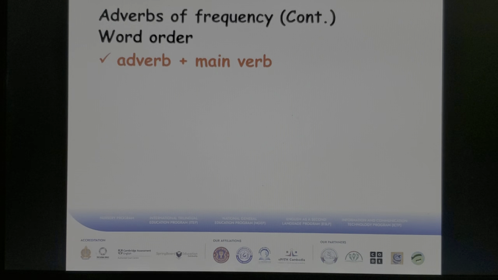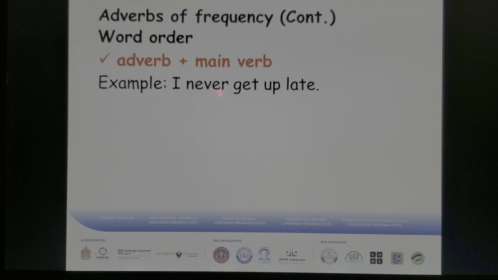So let's take a look. Example: I never get up late. I is the subject and never is the adverb. Get up is the main verb, the important verb. So after the subject comes the adverb, and then the main verb.